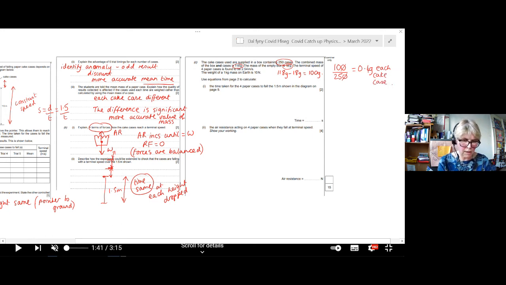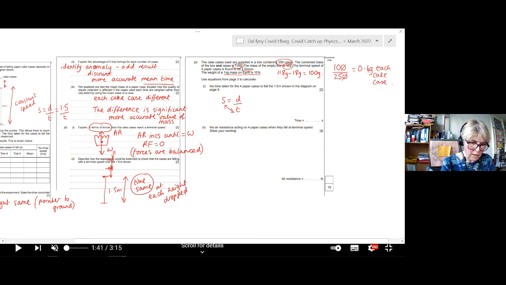I'm just dealing with the information as I get it. The terminal speed of the 4 cake cases is 2.54 meters per second. Now the weight, 1 kilogram is 10 newtons. So the time taken, let's use speed equals distance divided by time. That means rearrange it.